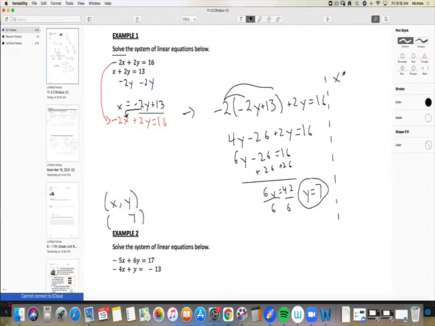So x plus 2 times 7 equals 13. X plus 14 equals 13. So x will equal -1. There's my final part of the equation. That is the solution.